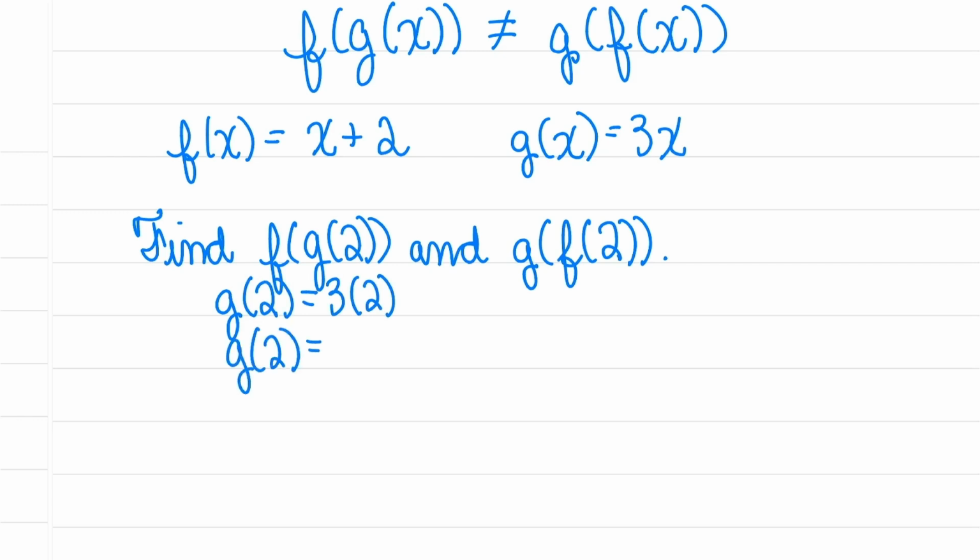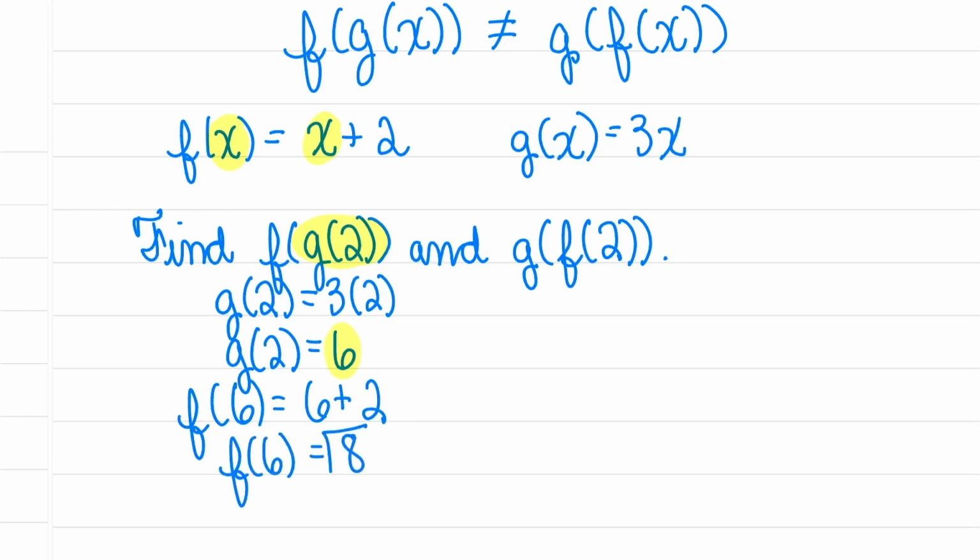So g of 2 equals 6. Now we are going to replace 6 everywhere that there is an x in f, because that's what this inside function is. So f of 6 is 6 plus 2. And that result is going to be 8.